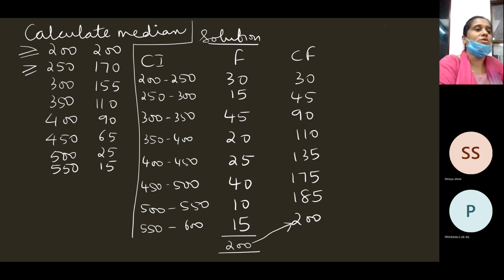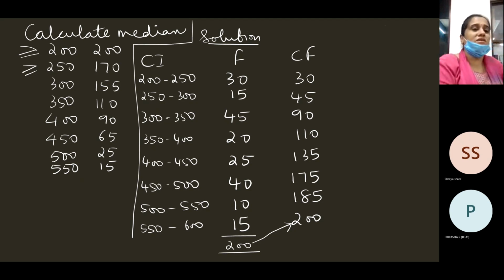You have not totaled the frequency column. 200 said N is 200. Then what is N by 2? 100. Look at the cumulative frequency column, which is the value in the cumulative frequency column that is just more than 100, corresponding class interval.